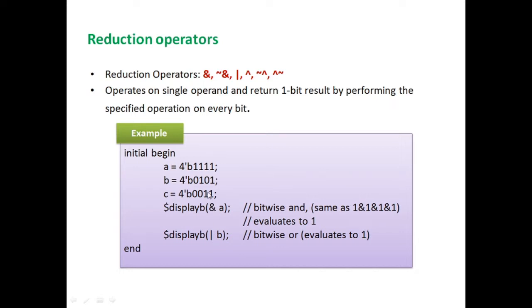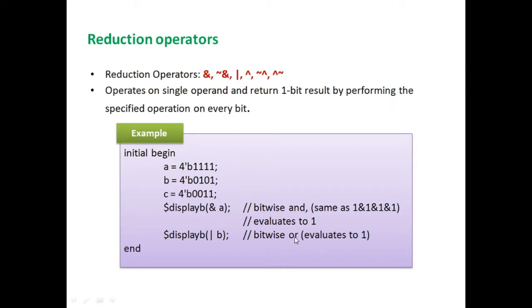So what is happening, all the bits present in the operand b are ORed with themselves, like 1 or 0 or 1 or 0 or 1. The result is that it is going to evaluate to 1.